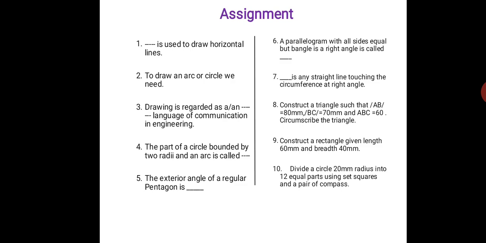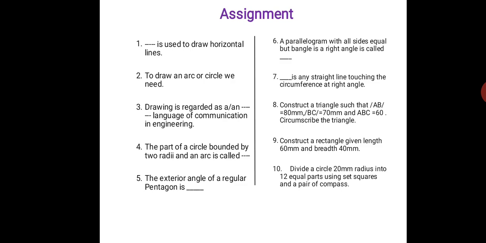6, a parallelogram with all sides equal but no angle is a right angle is called dash. 7, dash is any straight line touching the circumference at a right angle. 8, construct a triangle such that AB, that is the base, is 80, BC 70, and then ABC 60 degrees.